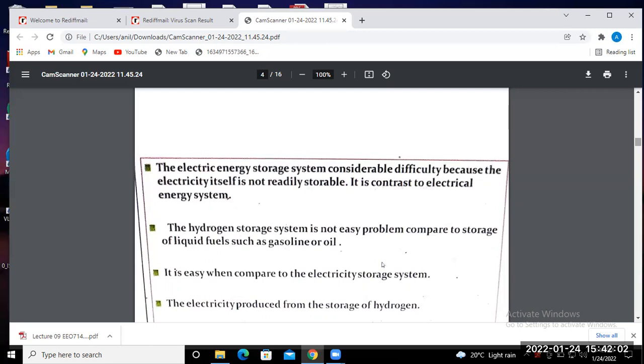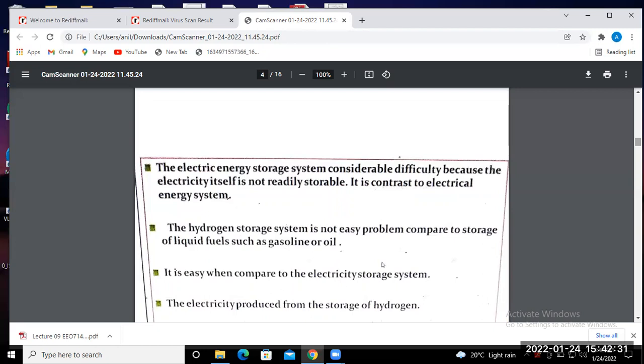We can only do it for a short duration, and the installation of such electrical energy equipment is also not economical. That's why we are not able to store a large amount of electrical energy. This is one of the most difficult things about electrical energy storage.